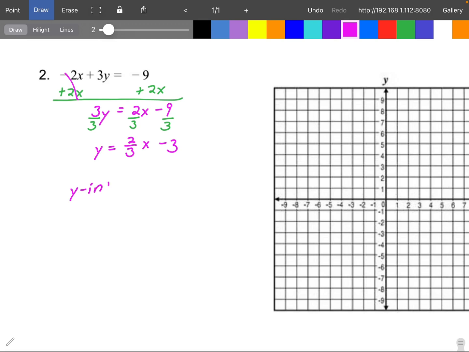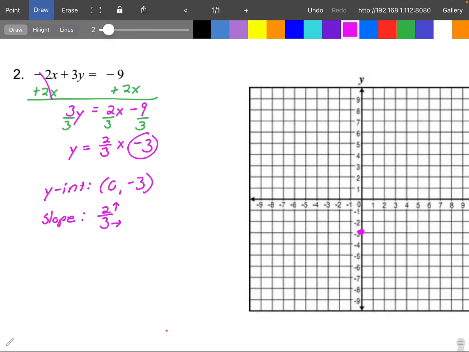So we can see that our y-intercept is going to be (0, negative 3). And we can put that on our graph, so negative 3 on the y-axis. And then from that, we can count our slope, which is the number in front of x, which is positive 2 over 3. So because this is positive, that means we're counting up 2, and then the 3 is positive, so that's right 3.